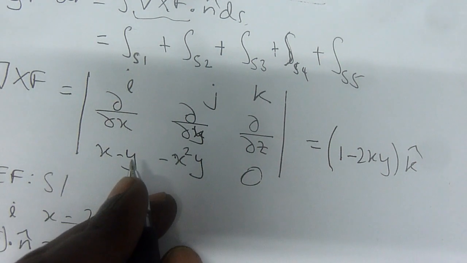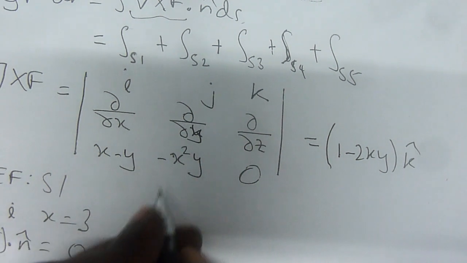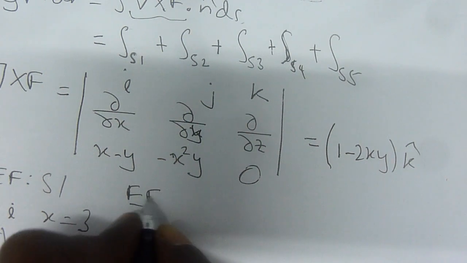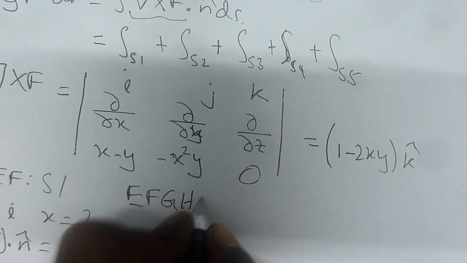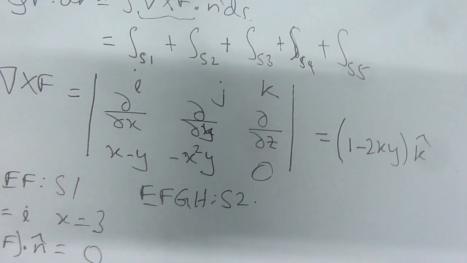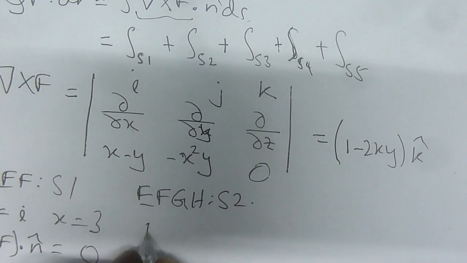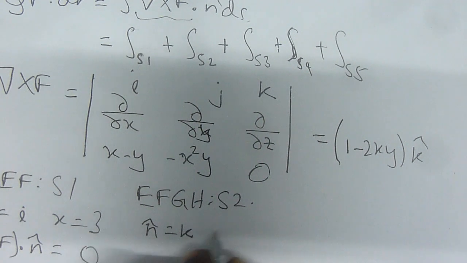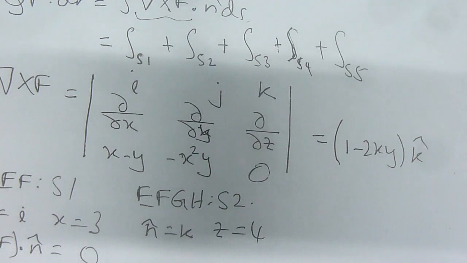Similarly, we can calculate for E, F, G, H as S2. Still the same. Please check. The n is k and z equals 4. Can you see this?